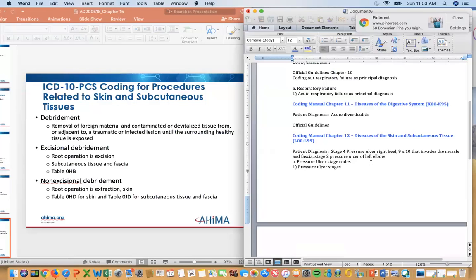So we'll move back up to the L89.61 pressure ulcer, and we want to find the beginning of our section. And that starts with L89 pressure ulcer. So you see it includes bed sore, decubitus, plaster, pressure area, pressure sore.